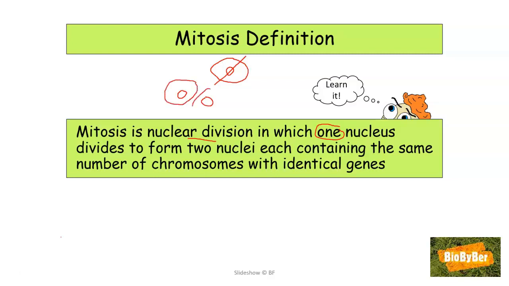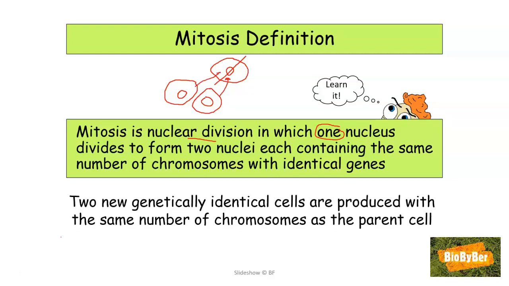So each new cell will be genetically identical to the other and genetically identical to the original parent cell. These two genetically identical cells with the same number of chromosomes as the parent can be referred to as clones.